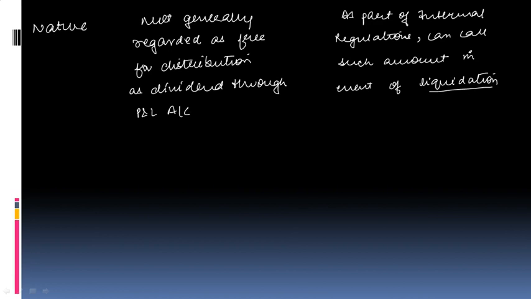And if you want to call that amount, you can also call that amount. So they can be regarded as free for distribution as dividend. They can be given as a part of dividend, but here you are going to call them only on liquidation, or you can say winding up. The company can call them, but they cannot distribute the dividend using the reserve capital. From capital reserve, you can distribute the dividend as well. Okay? Got it, my dear student?